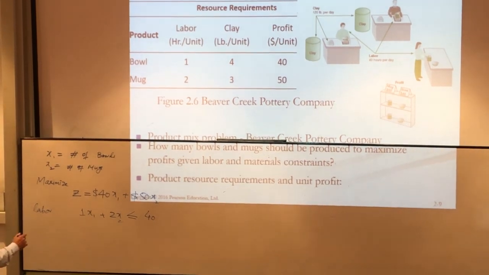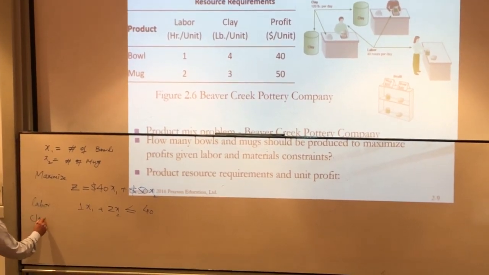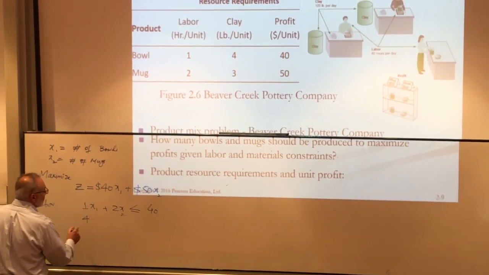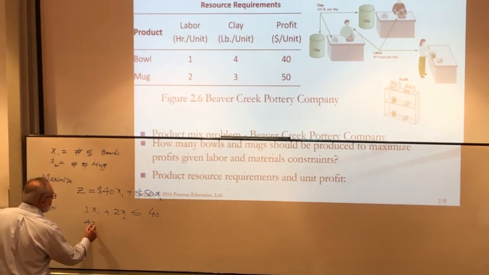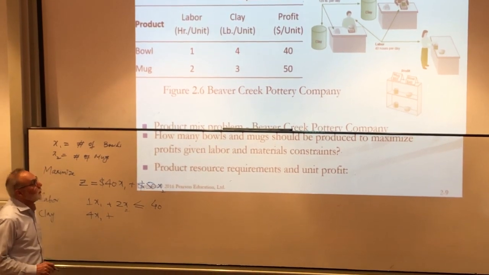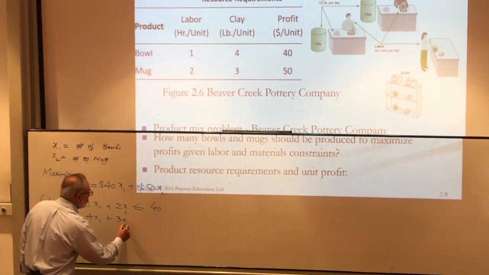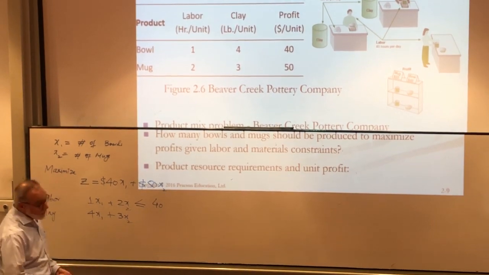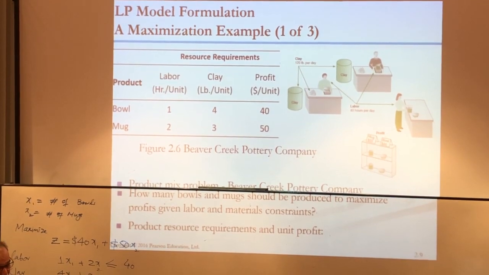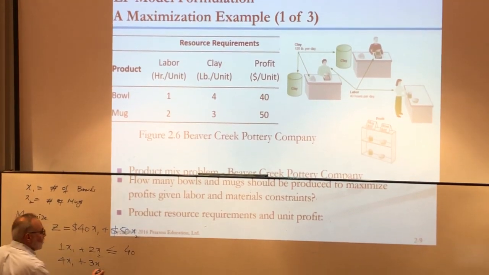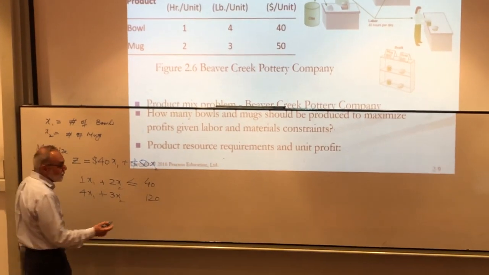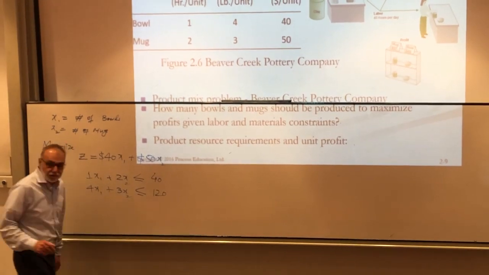And similarly, we can write down the constraint for clay. We have 4 pounds of clay needed for a bowl. 4x1, x1 being the number of bowls you make, plus 3x2, and on the right hand side we have 120 pounds of clay available to us. Not all perhaps would be used, so less than or equal to.